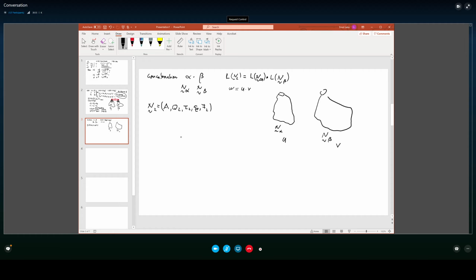It means for U to be accepted by the automaton N sub alpha, there has to be a path from the initial state to a final state. So the U ends up there. If we can't find a path from the initial state to a final state, then obviously that word wouldn't be in the language accepted by the first automaton. And now the V is doing the same thing. So it has to end up in some final state from the initial state of the second automaton.